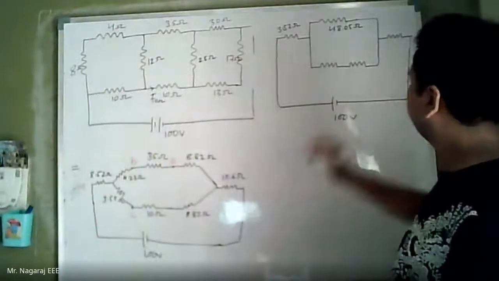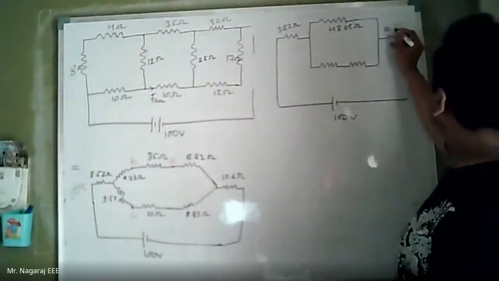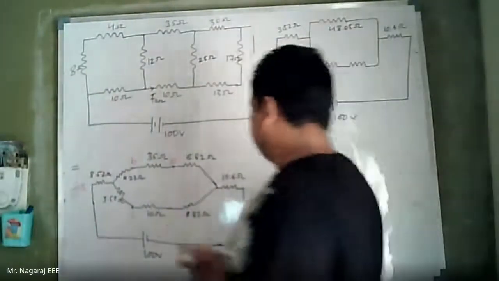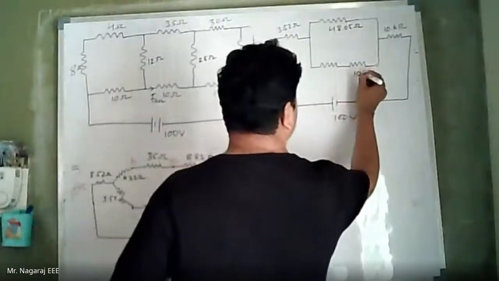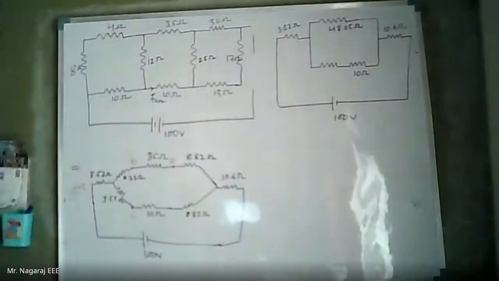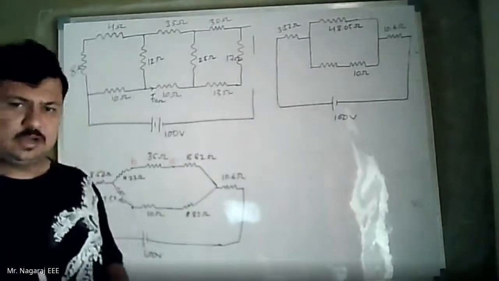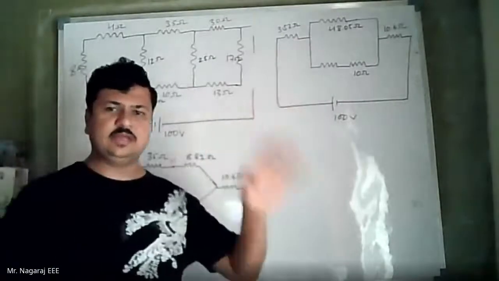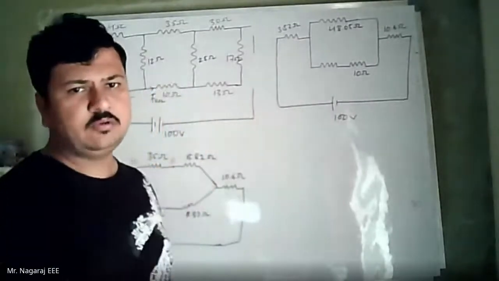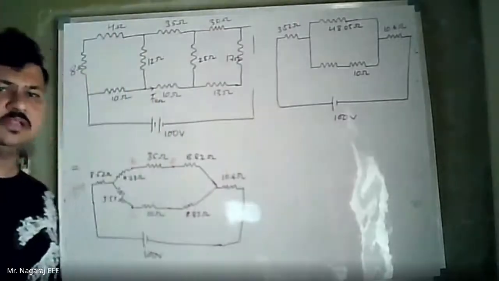This resistance 10.6 ohms as it is. 10 ohms. It has been asked to find the current through 10 ohms. So if any parameter has to be calculated across any component, let me keep that component value till the end as it is. Let me not combine it into equivalent value in that particular branch.